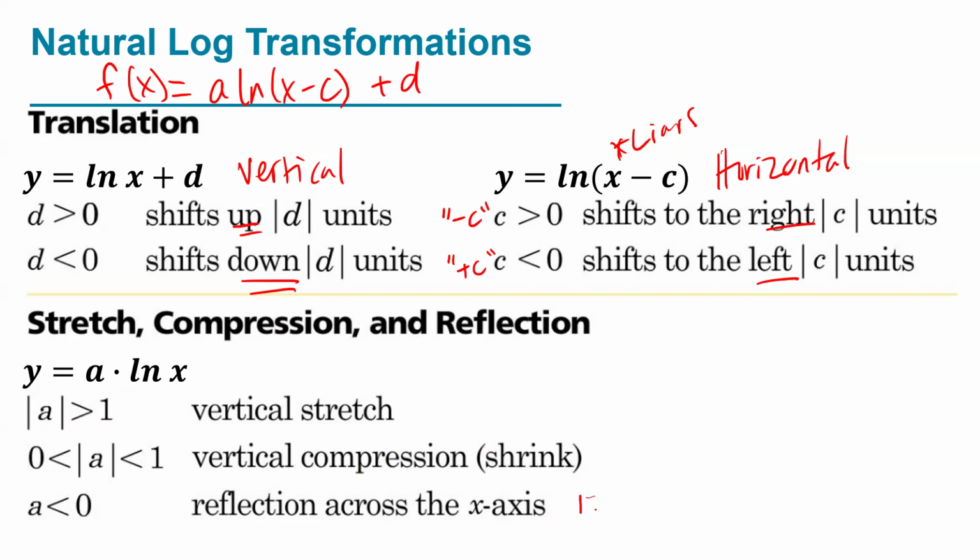And then if it's negative, it's going to be a reflection across the x-axis. Did that change at all from exponential? No. Okay. The transformation rules will stay the same for all functions. I repeat, all that's changing is what the function looks like.